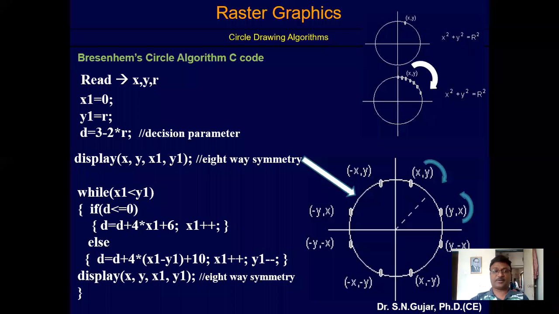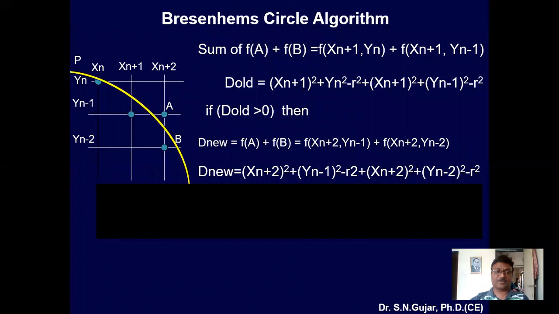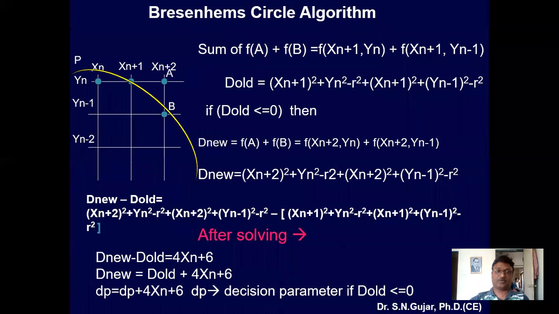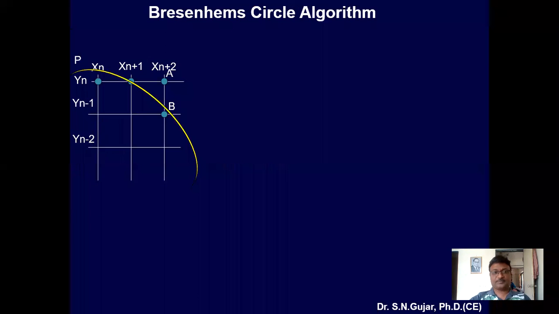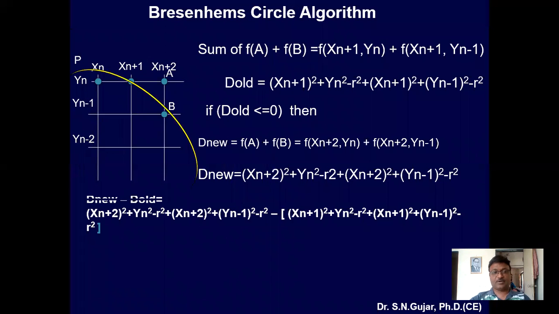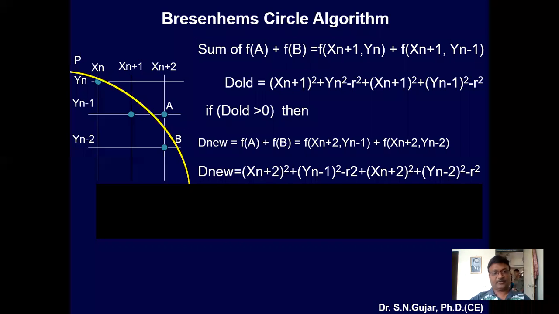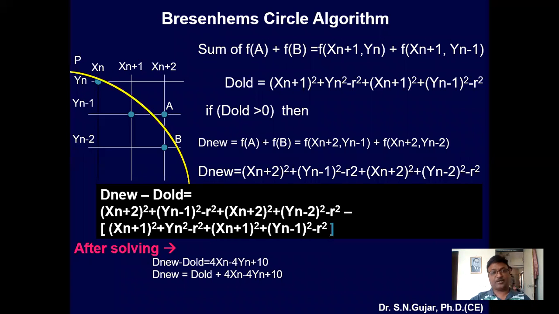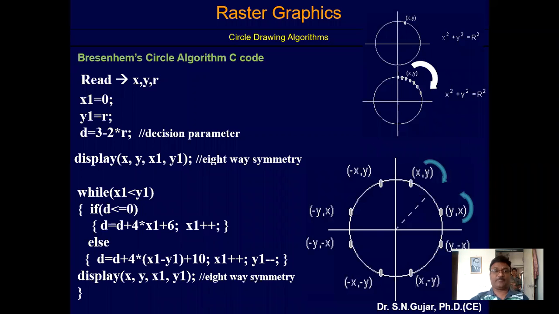I am not going to repeat it again because I am going to share the PPT. At that time you have to write it on your page and solve this equation. Those are the equations I have explained here for your next decision parameter. The first decision parameter is 3 minus 2r, and the next decision parameter you have to calculate by using f of a and f of b.